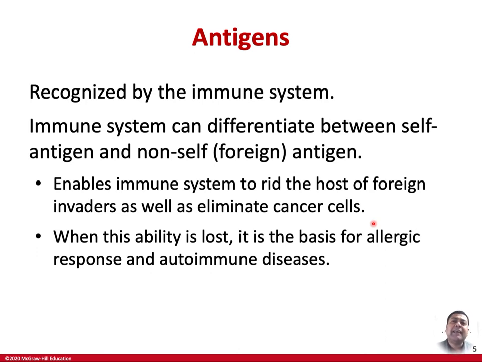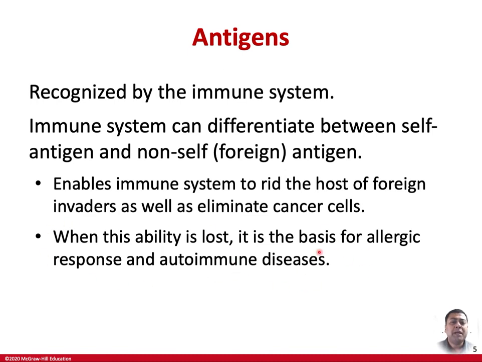On the other hand, the cancer cells sometimes express some of the protein molecules in an abnormal condition on their surface, and these can be recognized by your immune system to eliminate these cancer cells. And obviously there are many cases where this is not possible. There are always ways to bypass that. The pathogens can evade this system, even the cancer cells can evade that system as well. And when this ability is lost, it is the basis of an allergic response or autoimmune disease.